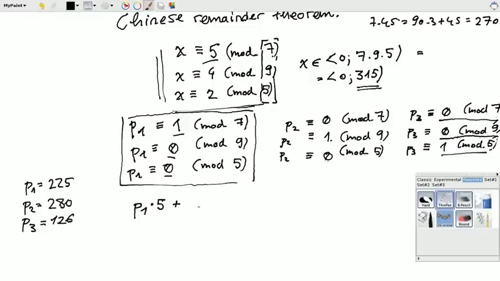And if I add to it the correct multiple of p2 and of p3, I will get some number that correctly fits all the conditions for x. So p2 times 4 plus p3 times 2. The 5, 4, and 2 are the remainders given by the conditions for x.